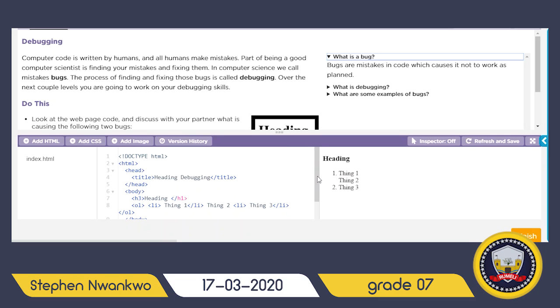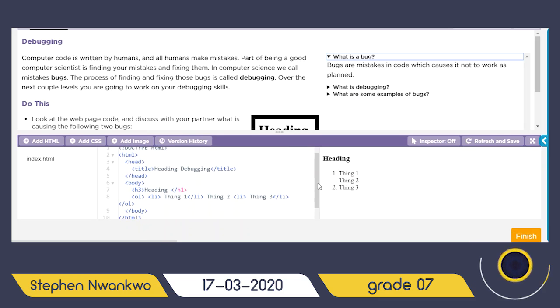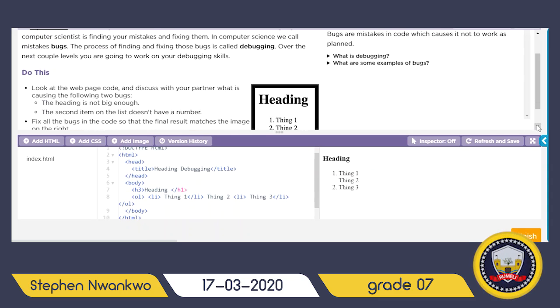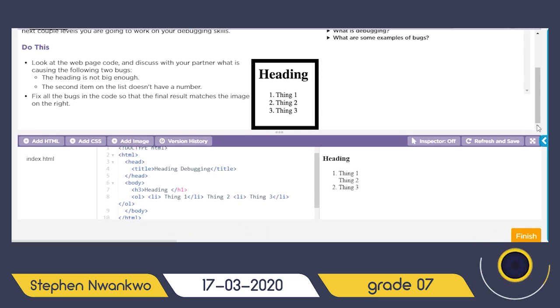Now let's take a good look at this web page here. In this web page, we have a heading, and we have the following numbers 1, 2, and 3. Now coming to this place, we have a heading, we have 1, there is a space in 2, and the last one is 2 instead of 3.